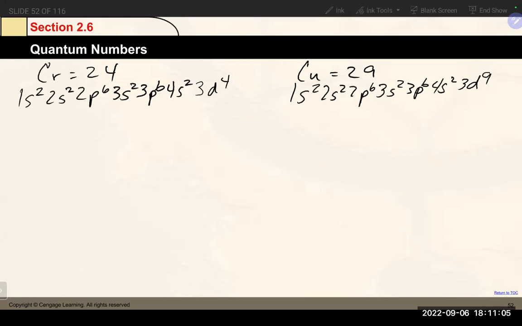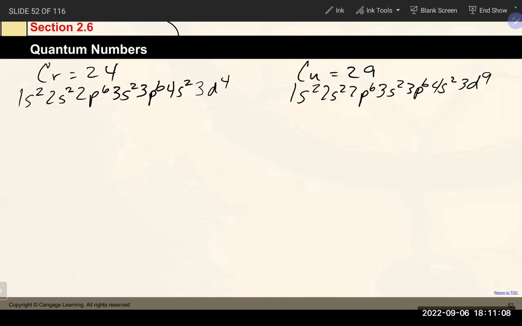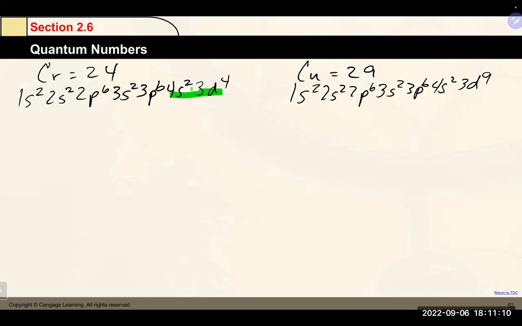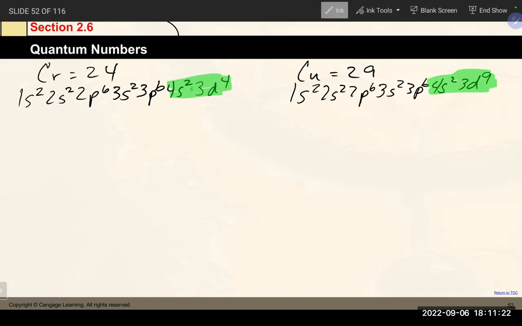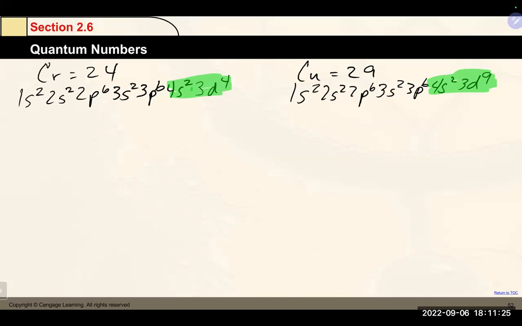The exception that happens here is pretty similar in both of them. It actually occurs at the end. It's been found experimentally that they are more stable with 1 extra electron up in the d orbital and 1 less in the s orbital. So our correct configuration for chromium is 1s2, 2s2, 2p6, 3s2, 3p6, 4s1, 3d5.